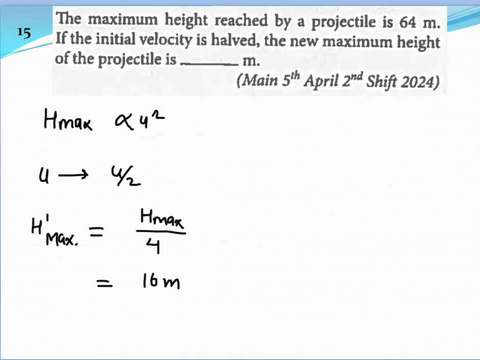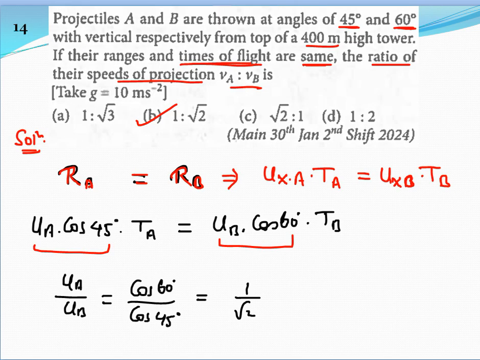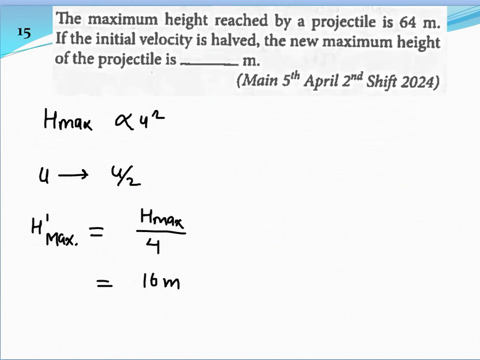Come to question number 15. In question 15, the maximum height reached by a projectile is 64 meter. If the initial velocity is halved, what is the new maximum height? They have not given any condition regarding the angle of projection, so we consider it the same in both cases.